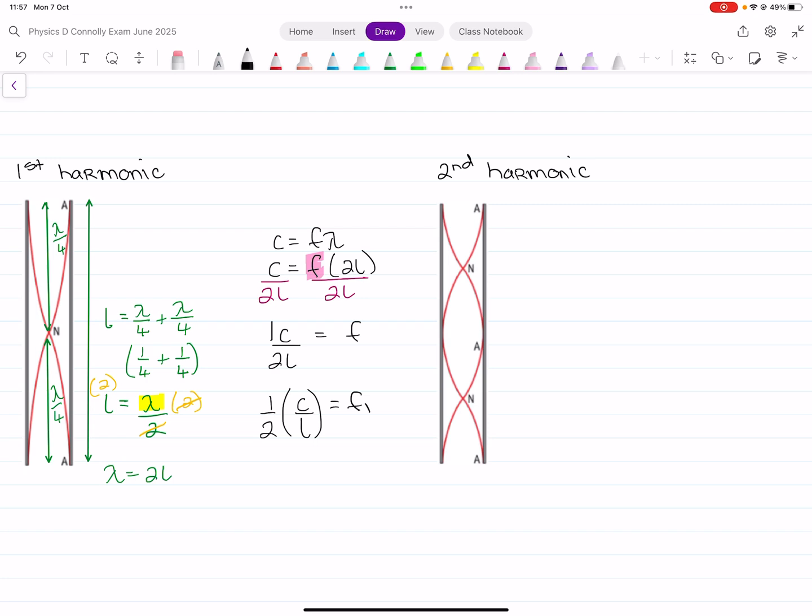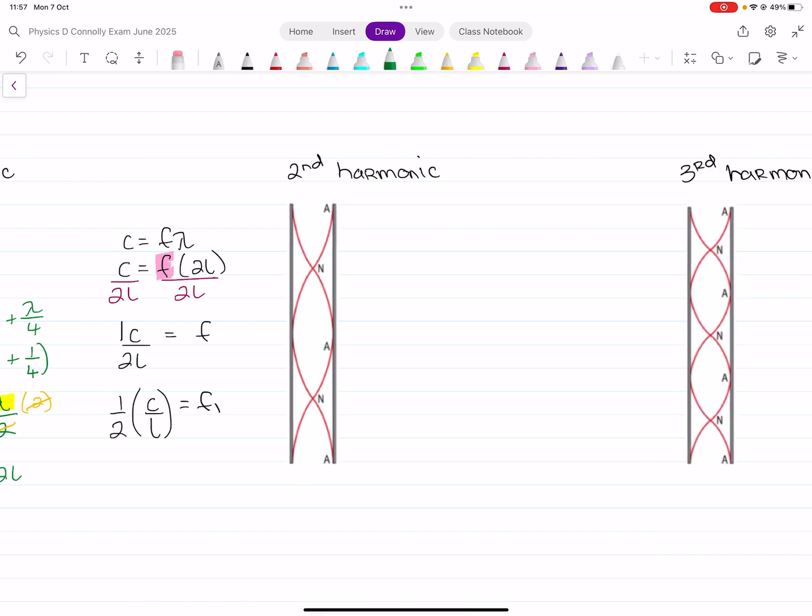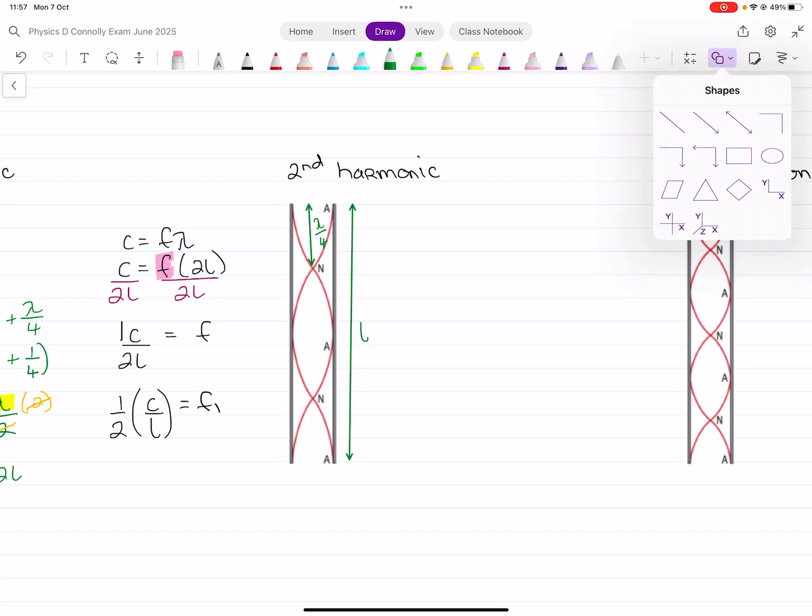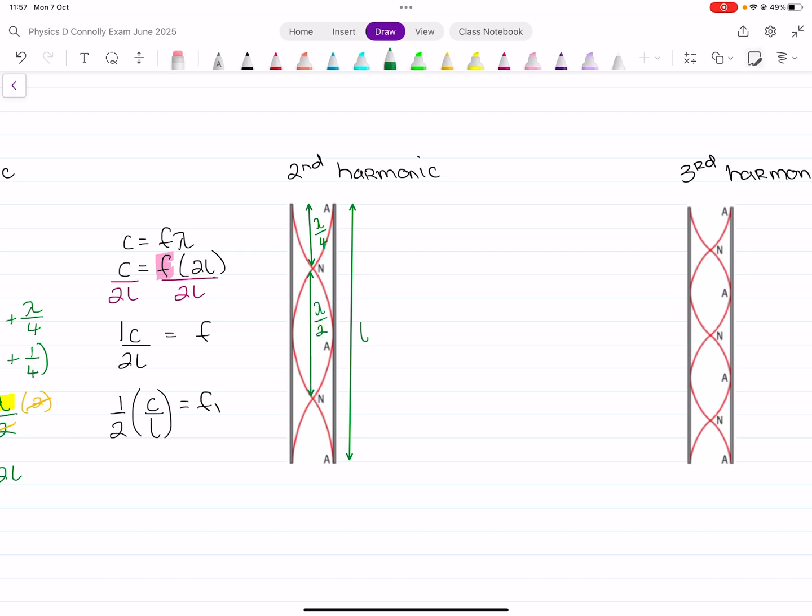Okay, so we go again then for this one. Trying to get the length. This is node to antinode, so it's lambda over 4. This is node to node, so it's lambda over 2.